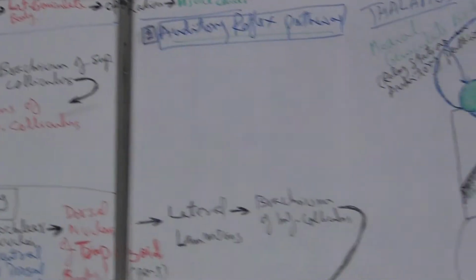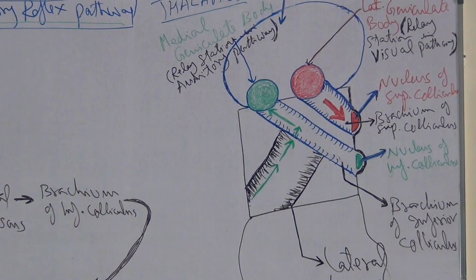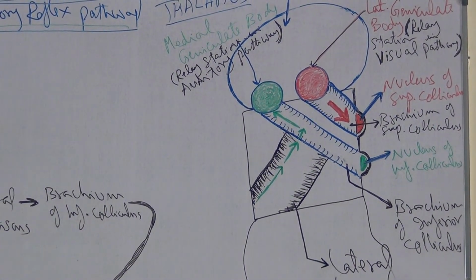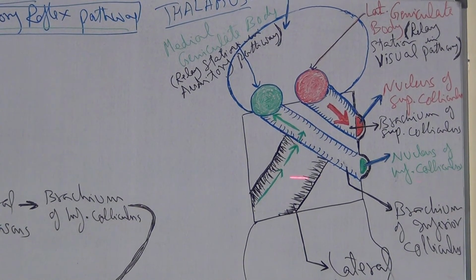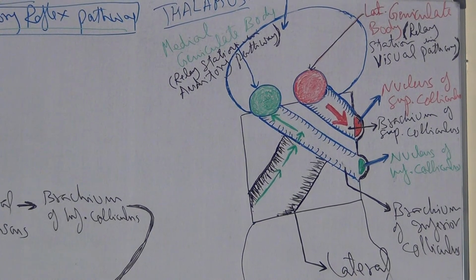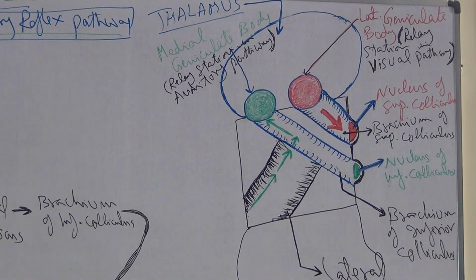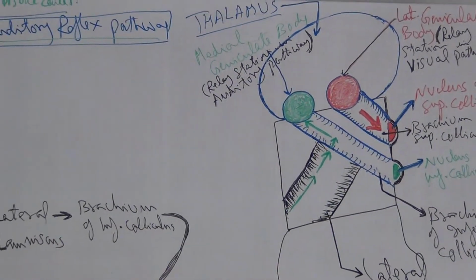The nuclei of the superior colliculi were in charge of our visual reflex pathway. Now, the nuclei of the inferior colliculi are the pathway for the auditory reflex pathway. They transmit impulses for reflex movements of the body.